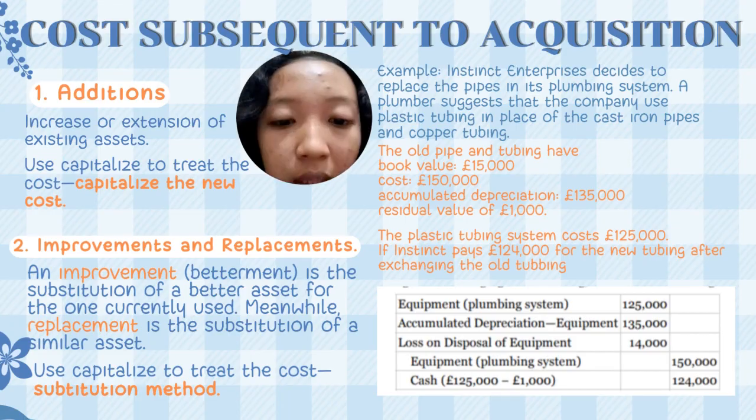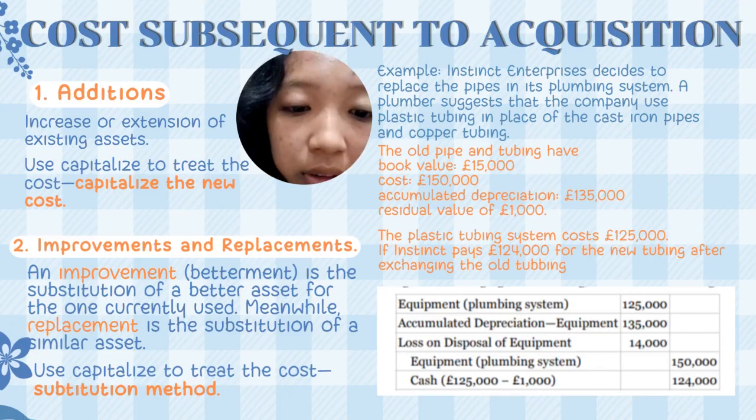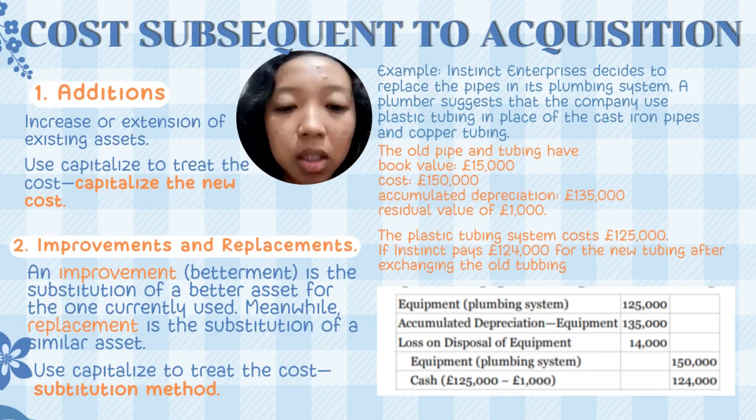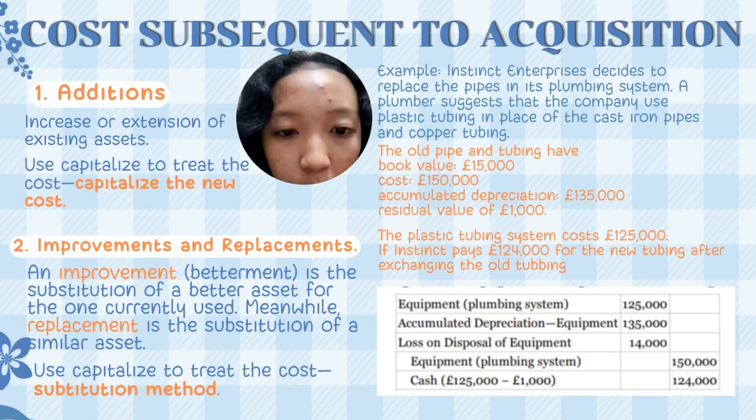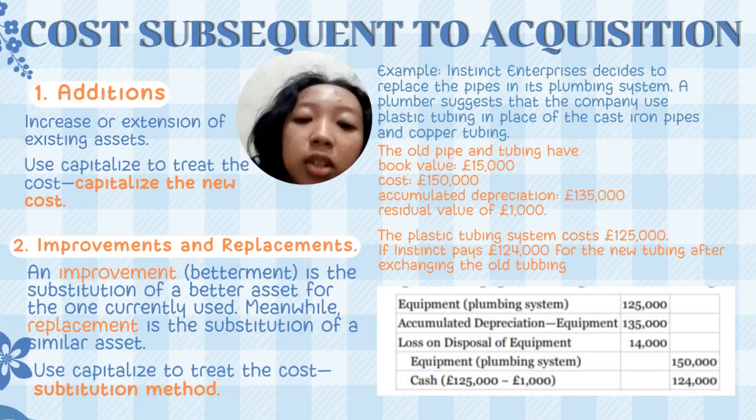That's why we debit the loss on disposal only for 14,000, and then we credit the equipment, the old equipment, which costs 150,000, and then cash 124,000.